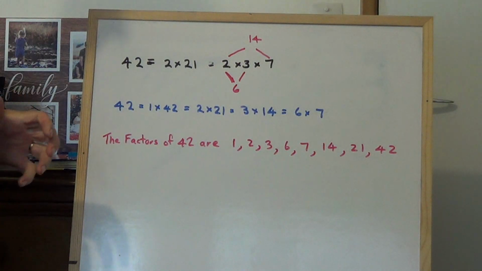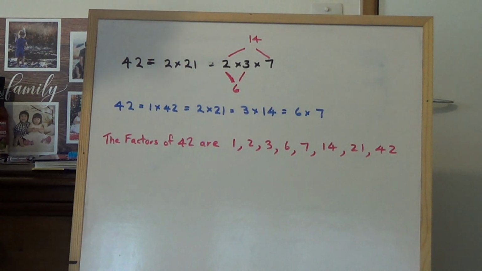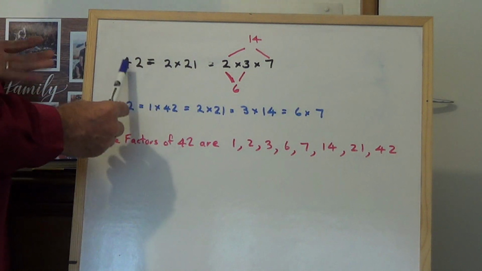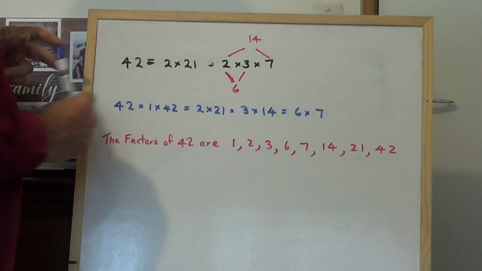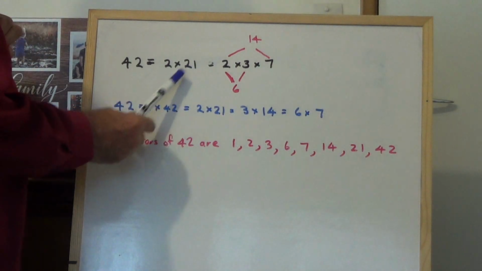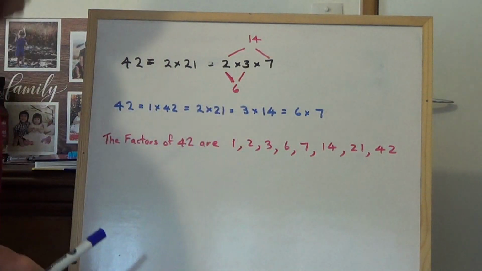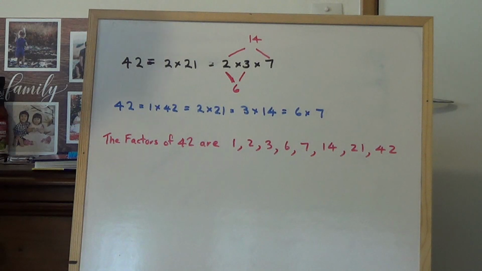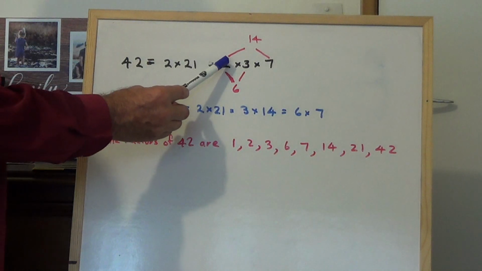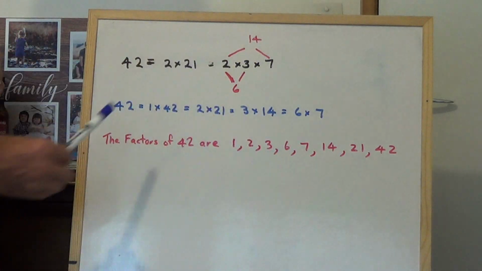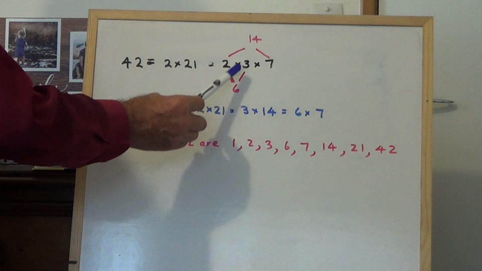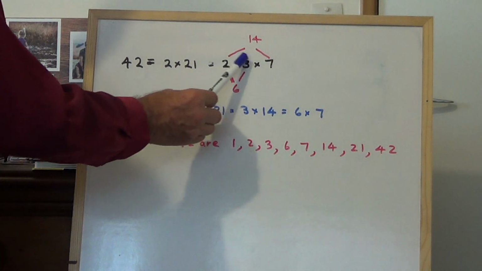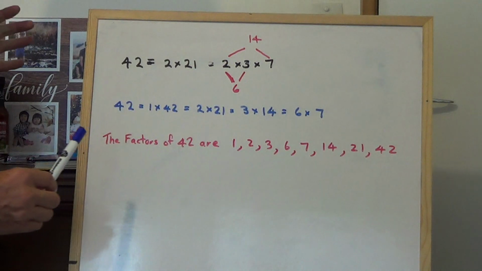Right, here is the answer to the factors of 42. We just take 42 and it's even, so it's 2 times 21. Then we split up 21 and we get 3 times 7. So they're the prime factors. Now we can put 2 and 7 together and get 14. And we can put 2 and 3 together and get 6, right?